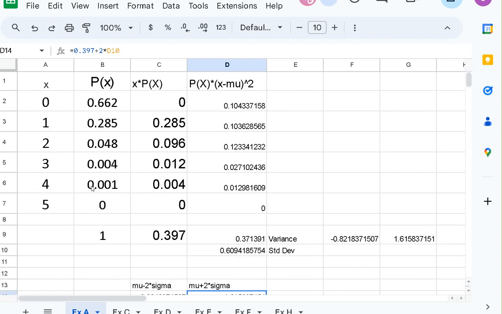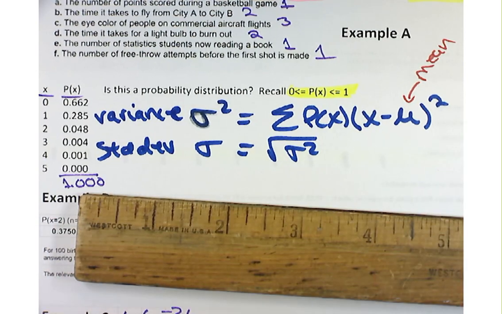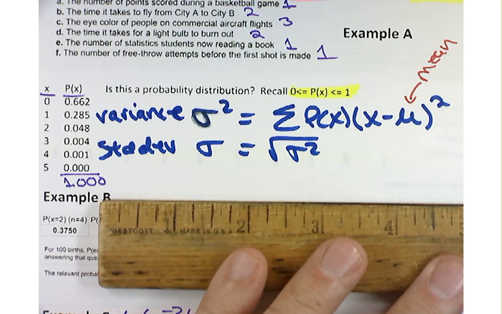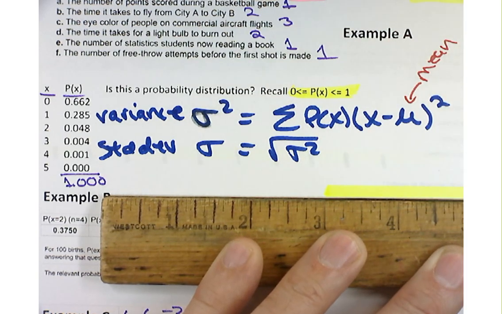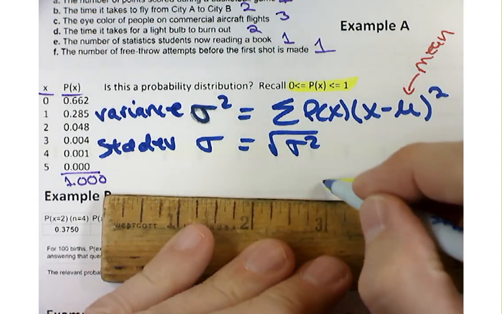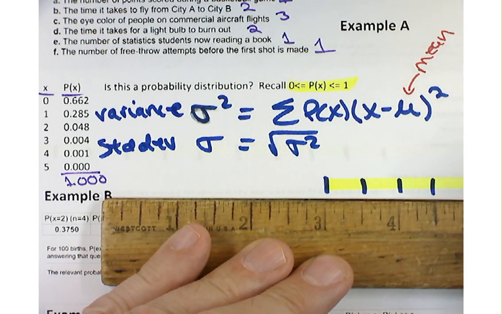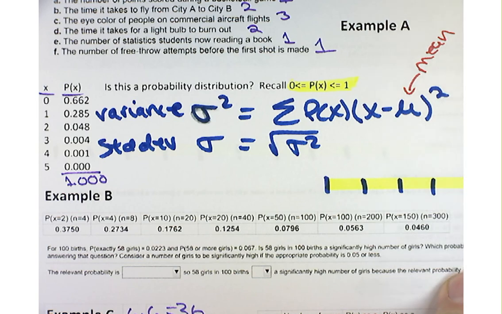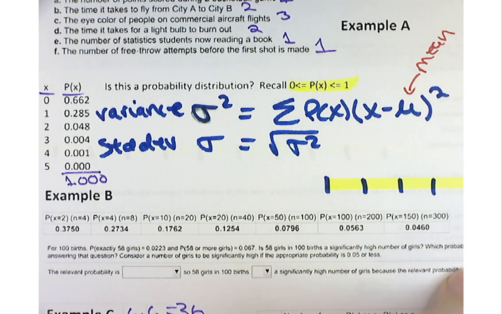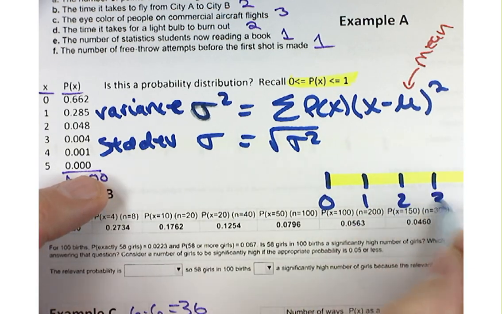So I got numbers 0 through 5. Those are my possibilities. Let's squeeze that in here. 0, 1, 2, 3, 4, 5.